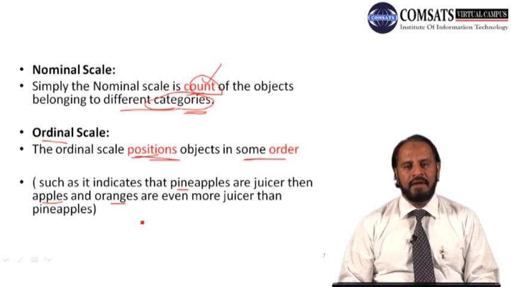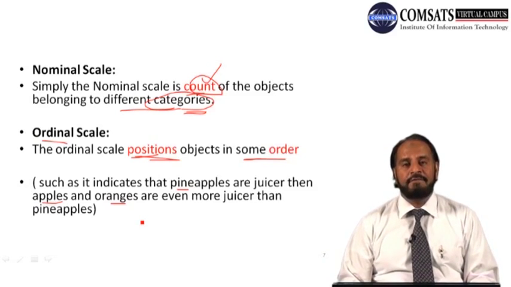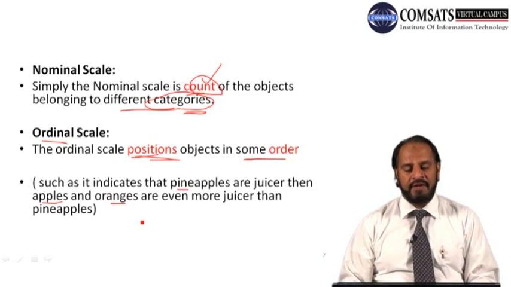So we could have a different ranking or order of that, and we might say that the pineapples are the sweetest, then might be the apple, and then oranges might be the least sweet. So if this is the kind of information we're trying to gather, then the scale we are using there is called an ordinal scale.